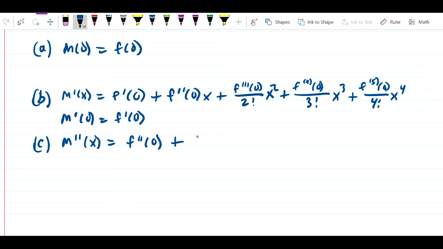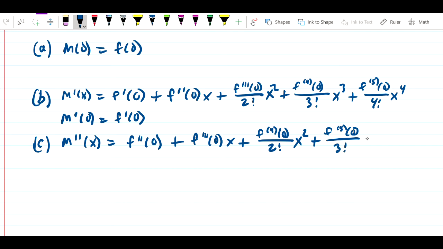plus f triple prime of 0 x plus f4 of 0 over 2 factorial x squared plus f5 of 0 over 3 factorial x cubed. Notice what's happening here to these terms on the end.